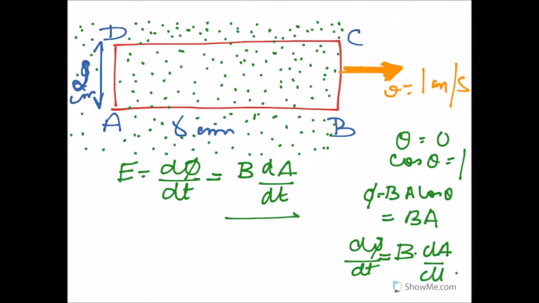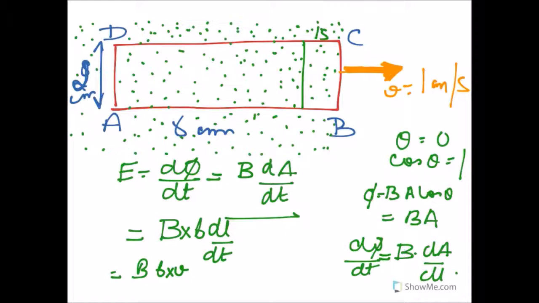So that's what we have written over here. Again, in the area we see that the breadth does not change. So we can keep the breadth out and write dl/dt. And dl/dt is nothing but again the velocity, the rate of change.